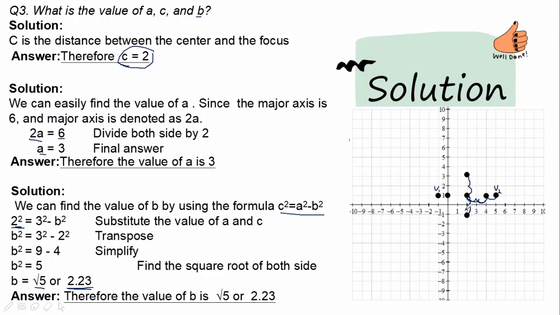So approximately this is our covertex 1 and our covertex 2, or our covertices. Okay, then this is our graph of the ellipse using the values of our A, B, and C.